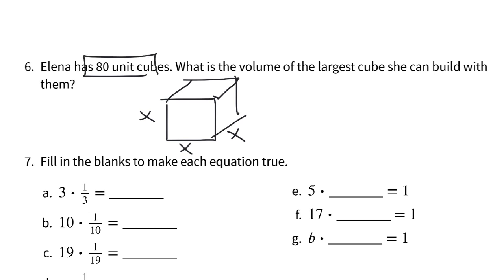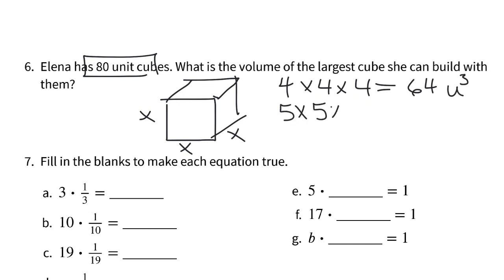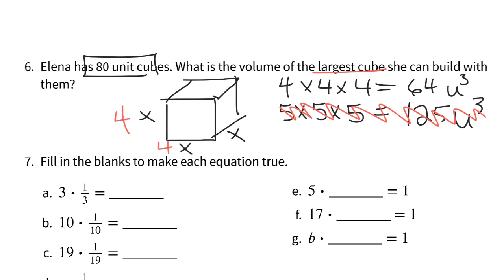Let's see. 4 times 4 times 4 is 64, and that would be cubic units. Let's try 5. 5 times 5 times 5. Well, that's 125 cubic units. So that is too big. So what is the largest cube? It's going to be a 4 by 4 by 4 figure. So those x's are actually 4s.